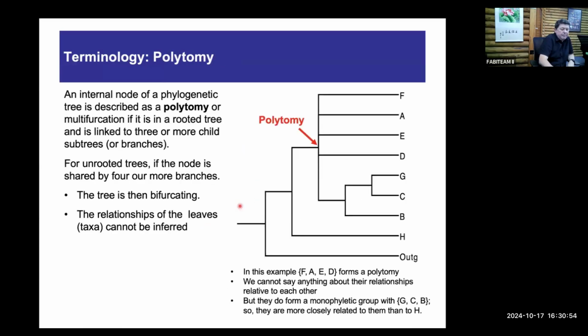So the polytomy here, that typically is when your data is not well structured, or if your data doesn't have strong phylogenetic signal. If you take sequences that have very high similarity, you typically can't get a resolved phylogenetic tree.